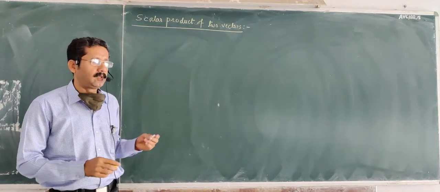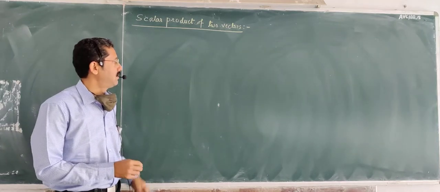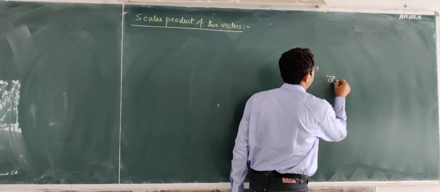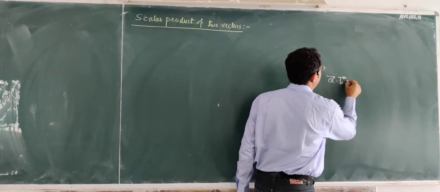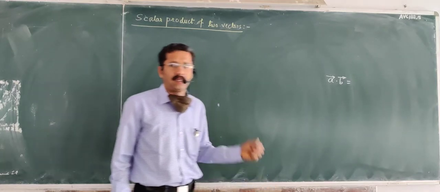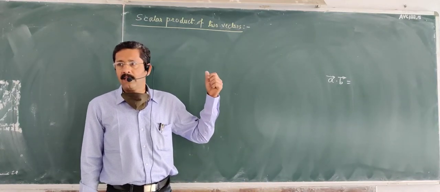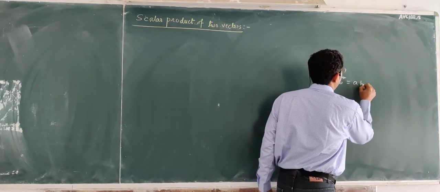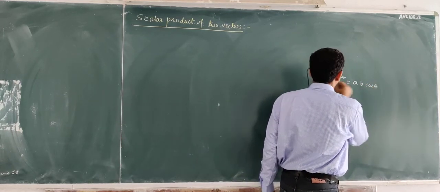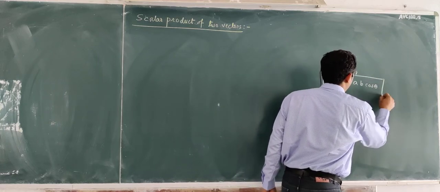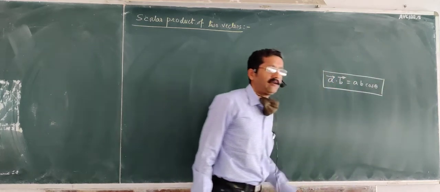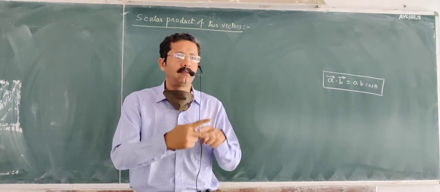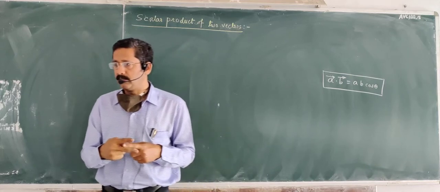If I have two vectors, vector A and vector B, whose magnitudes are A and B, with angle theta between them, then the dot product is A dot B equals AB cos theta. This is the way to find the dot product if I know the magnitudes of the two vectors and the angle theta between them.